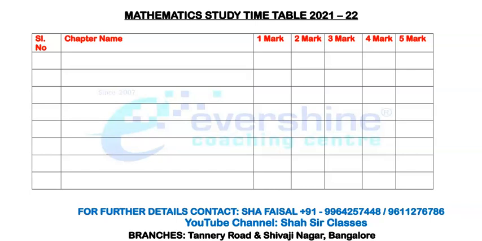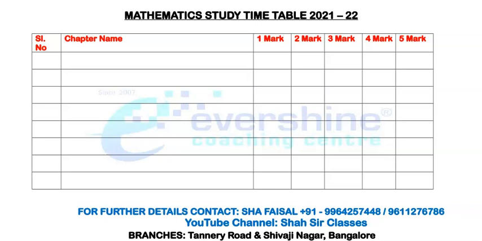See, for example, now you have studied this chapter, but still you are not sure by yourself whether you have completed this full chapter or not. For that reason you can start preparing 1 mark questions, 2 mark, 3 mark, 4 mark, 5 mark.